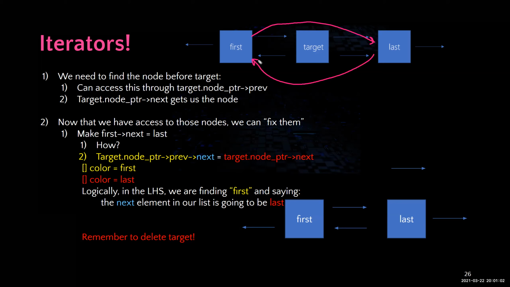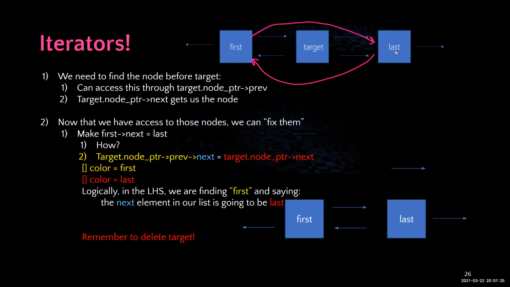And again, I want to make this clear because I realize it's a bad example. I'm saying first and last because this list is of size 3. If your list is of size 4, it wouldn't be first and last. It would be something else. I'm just using first and last for this example because it's easy for a list of size 3. So I want you guys to make sure you're actually coding that you shouldn't be using first and last when you're coding the function erase.